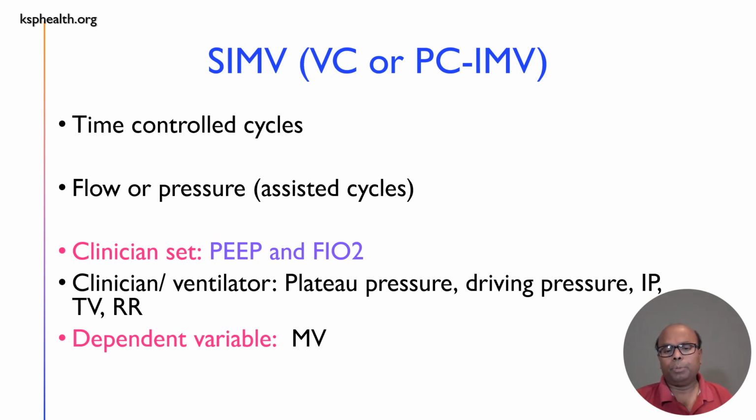The clinician sets PEEP, FiO2, and also, in case of volume support, volume, or in pressure support, inspiratory pressure, and the rest. So whenever you use the inspiratory pressure as a preset, the dependent variable becomes volume, and vice versa. When the volume is a preset, the pressure becomes a dependent variable.